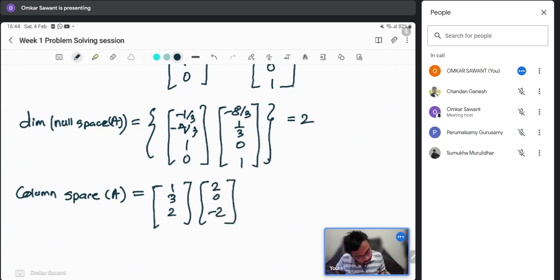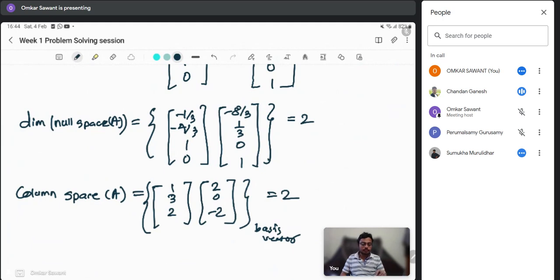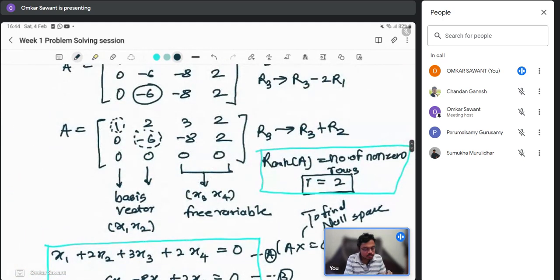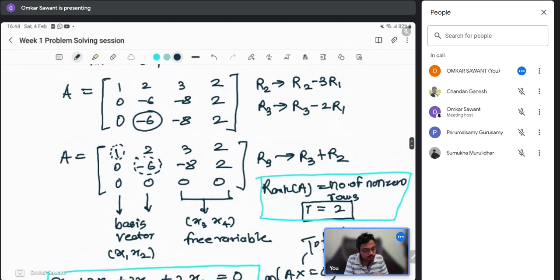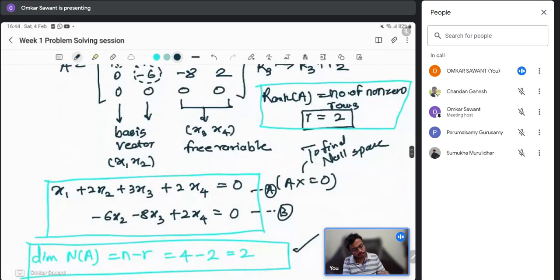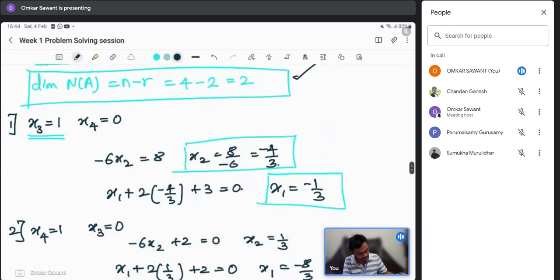Is it clear? The column space once again, sir? See, what are the basis variables? x1 and x2, right? We are saying column-wise. Okay. So these calculations are for the null space. You calculate null space based on free variables, right?